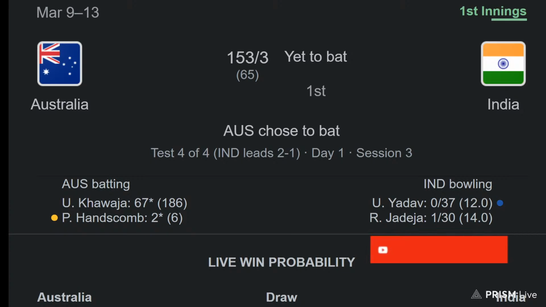153 for the loss of 3 wickets. Jadeja starts the new over. Handscomb not out 2, facing the ball from Ravindra Jadeja.